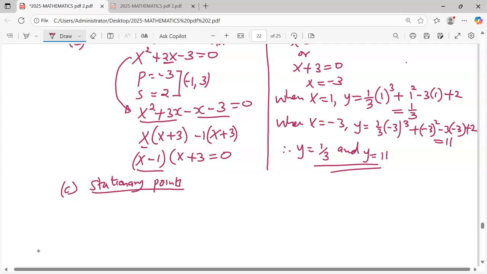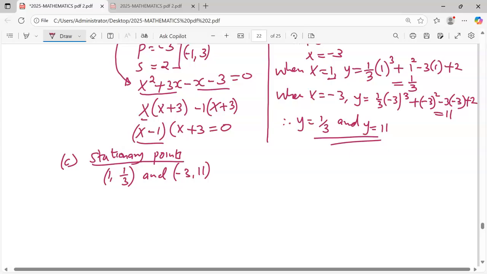And the stationary points we have are x is 1, and the corresponding y coordinate is a third, and x is -3, and the corresponding y coordinate is positive 11.